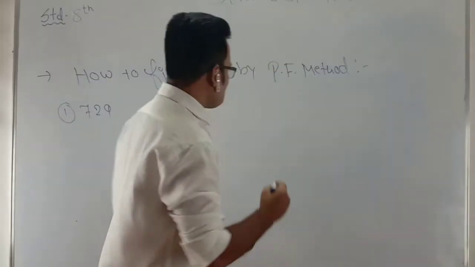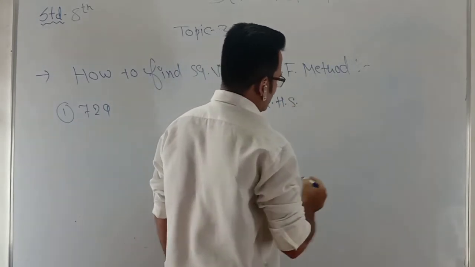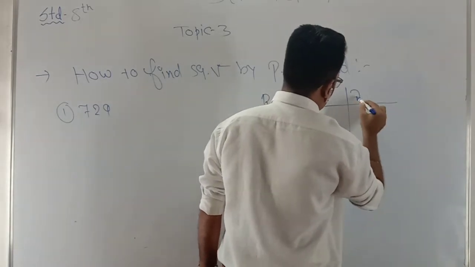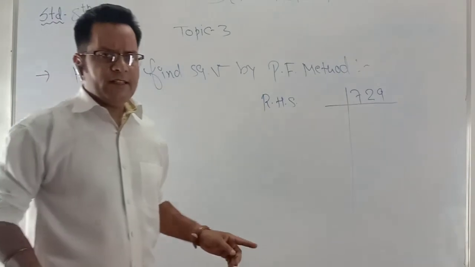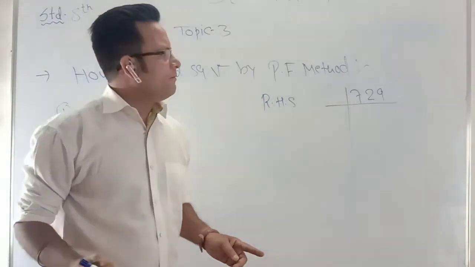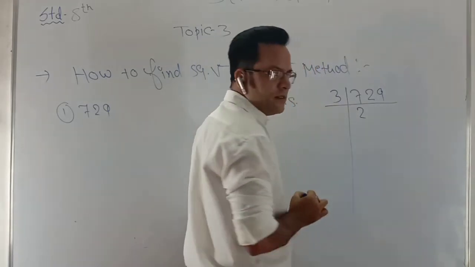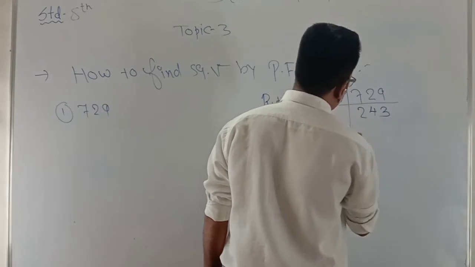First of all, on the RHS, right hand side, the given number is 729. As you can see, you cannot divide this number with the help of 2. So you will start with 3. 3 2s are 6, then 3 4s are 12 and 3 3s are 9.